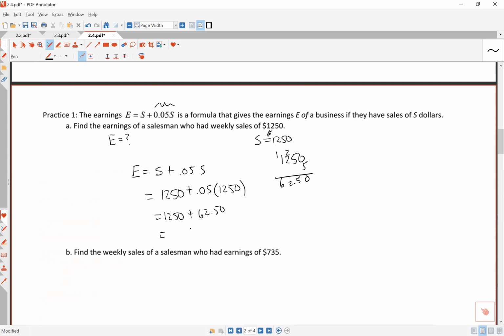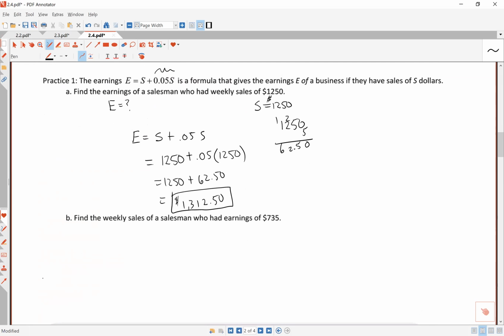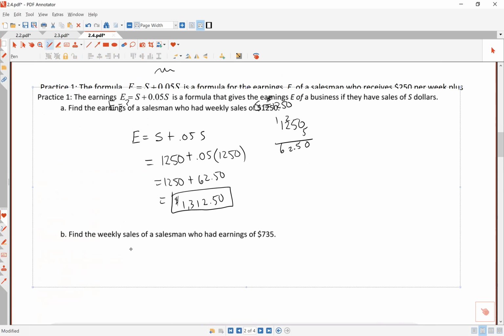We add $62.50 to $12.50 and we get $1,312.50. B is the other way. It says find the weekly sales if the earnings are $735.